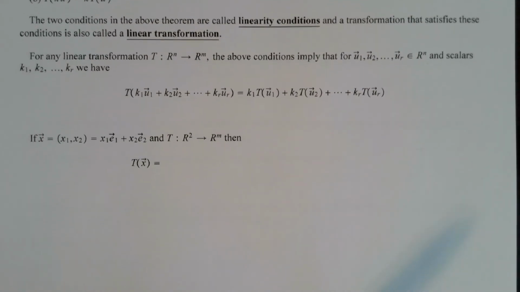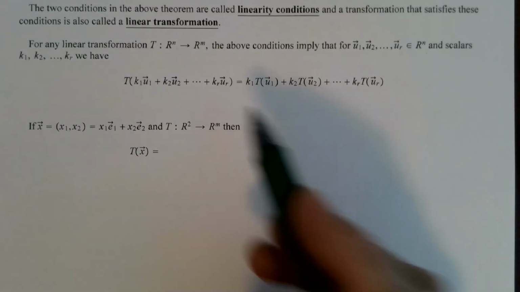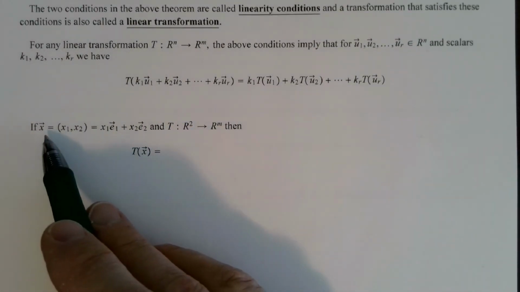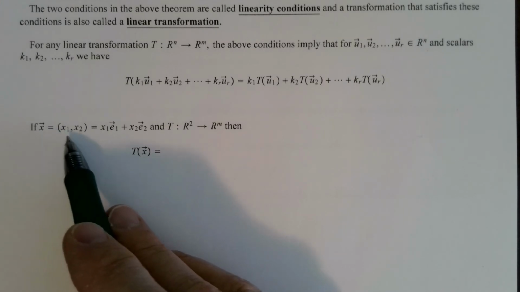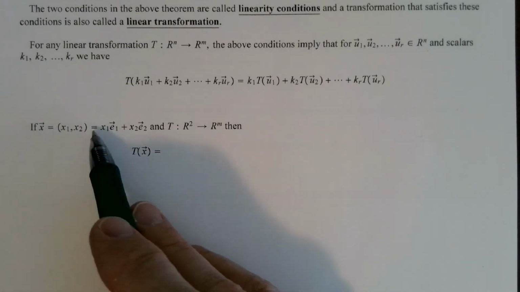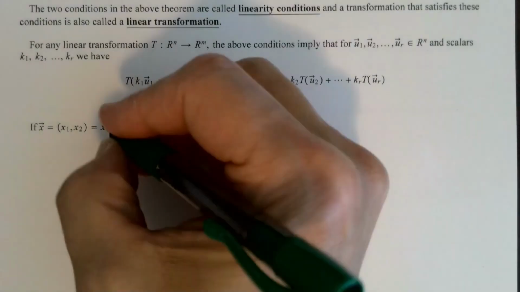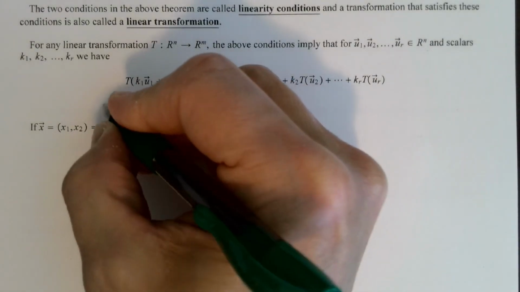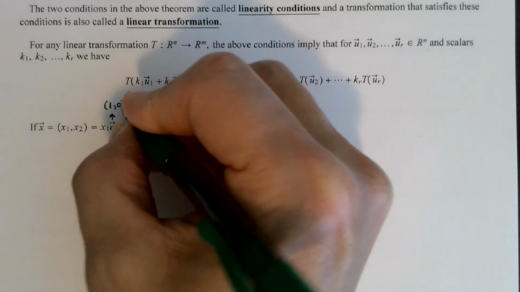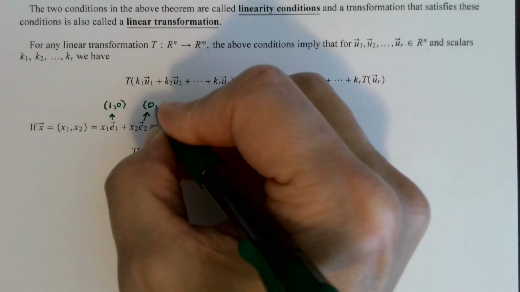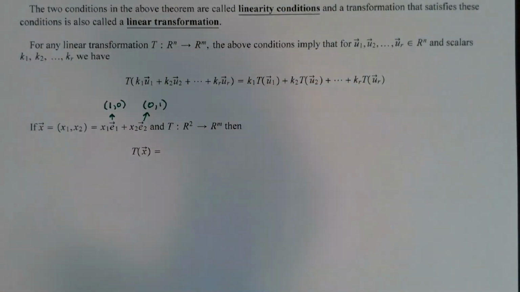All right, one last thing to look at here. I brought this out because it is going to be helpful. If x is an ordered pair, then I can write that as x1 times e1. If you remember, e1 is the vector 1, 0, the i vector like you're used to hearing, and e2 is the j vector, if you want to think about it that way.